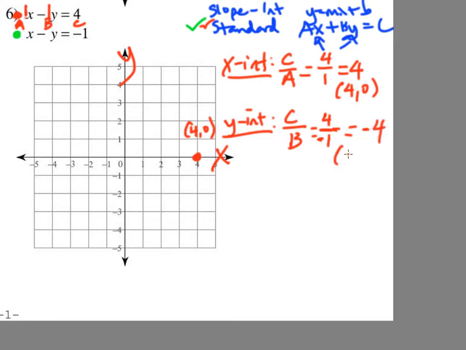So we get 0, negative 4, because we plugged in 0 for x. I should have boxed these up. Our x-intercept is 4, 0 because we plugged in 0 for y, and for the y-intercept we plug in 0 for x and get negative 4. So let's go negative 4 on the y-axis. There it is.